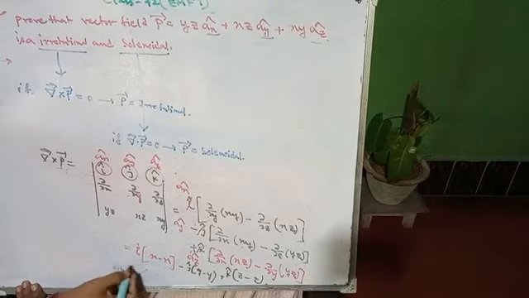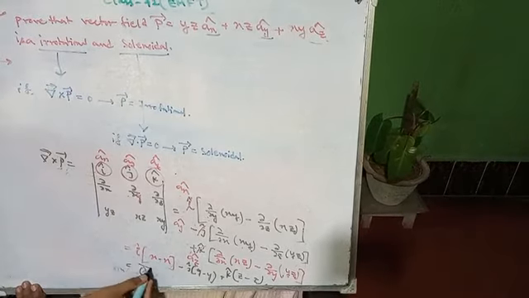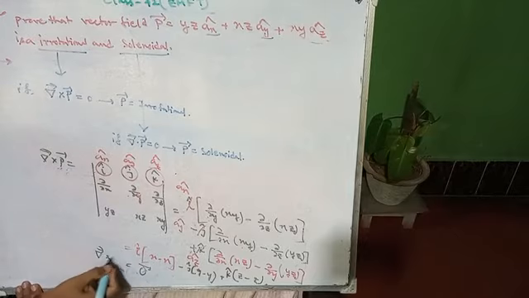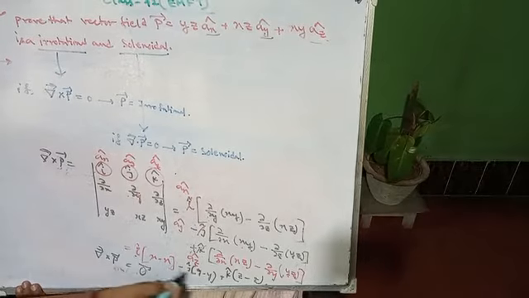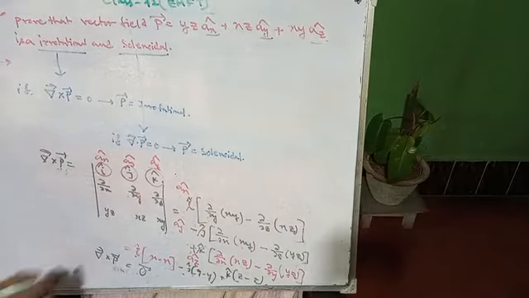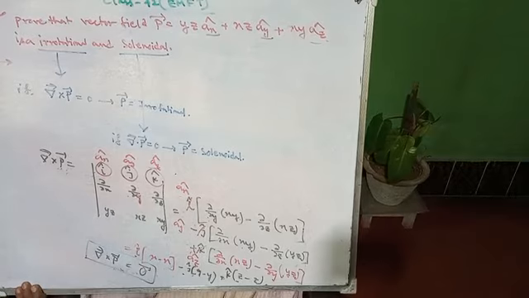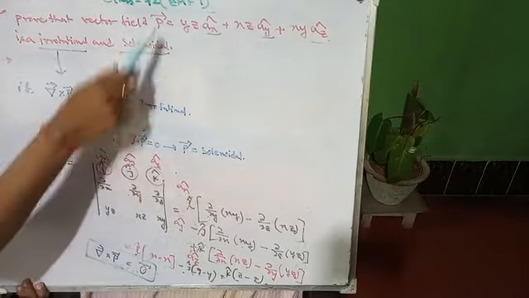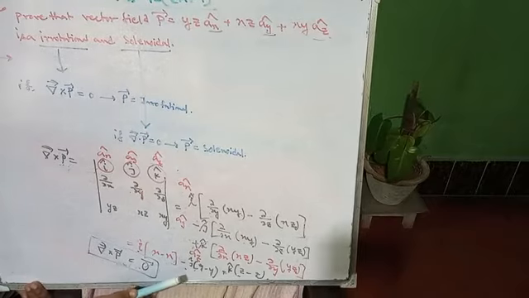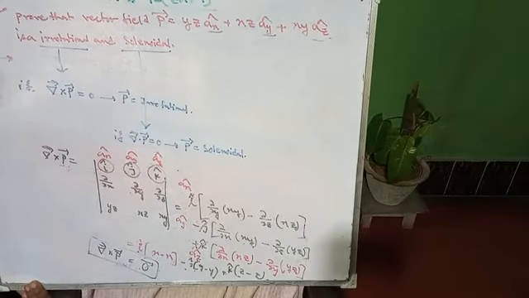So your result will be 0 vector. Curl of P equals 0 vector, because 0 I cap, 0 j cap, 0 k cap. That means you can conclude that the given P vector is an irrotational vector.